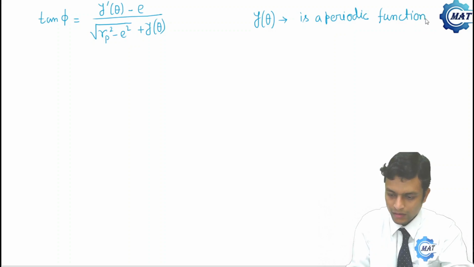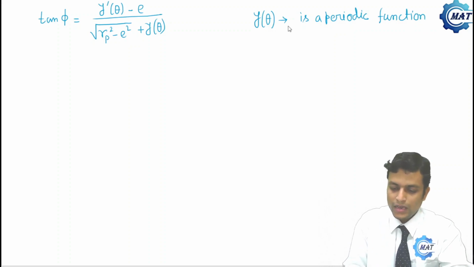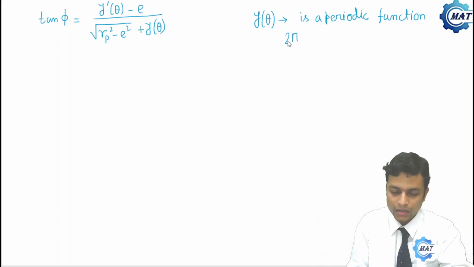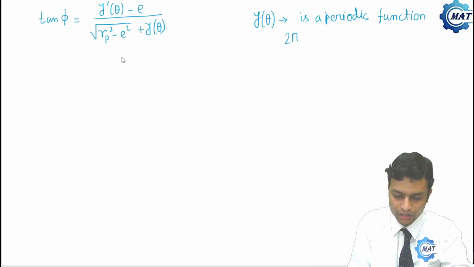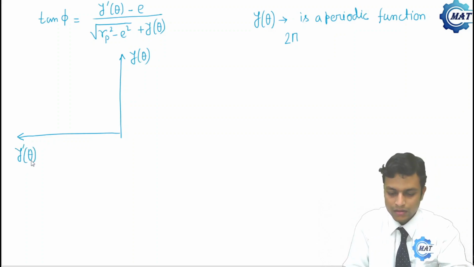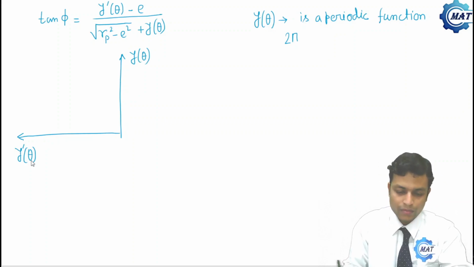Now y of theta is a periodic function, that is, in every 2 pi rotation y will repeat. For any periodic function, if you draw the graph of y of theta versus y prime theta, the curve will be a closed curve.